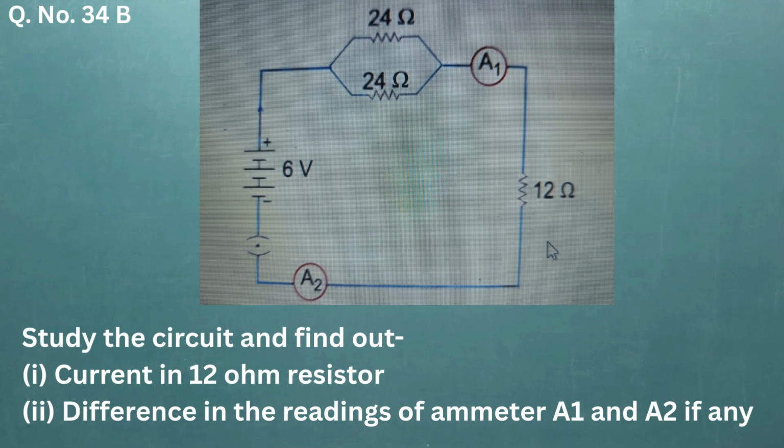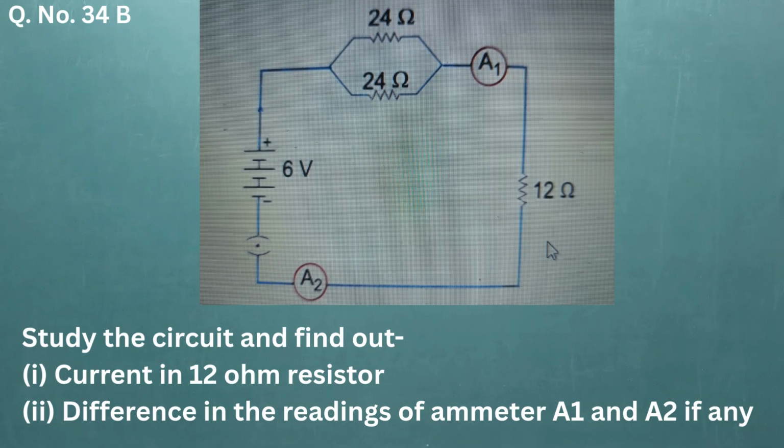Question number 34b. Study the circuit and find out first, the current in the 12 ohm resistor, and second, the difference in the readings of ammeter A1 and A2, if any.